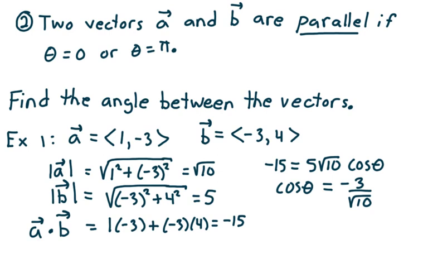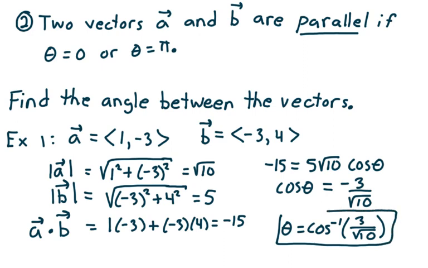Okay, and so theta is the inverse cosine of negative 3 over the square root of 10. This book says to get an approximation in degrees, but I will leave that to you guys to figure out. So this is, by the way, the exact value.